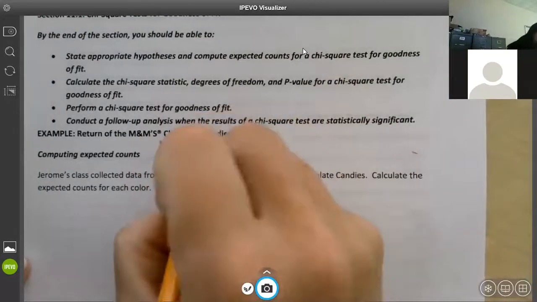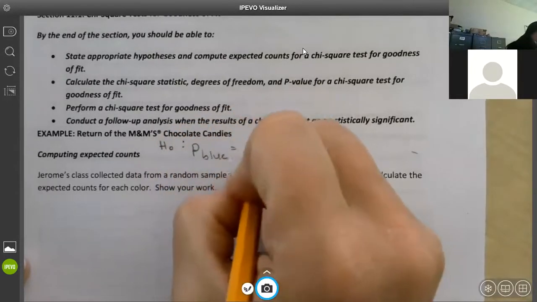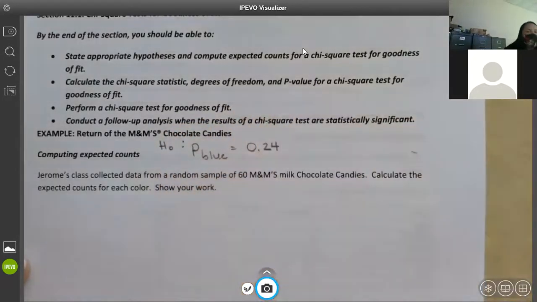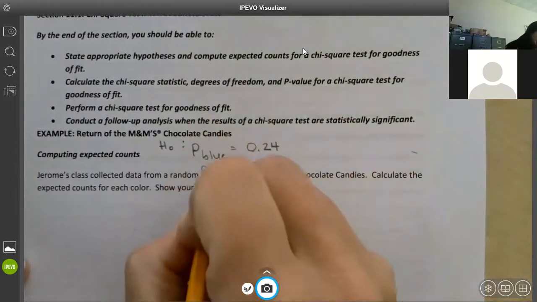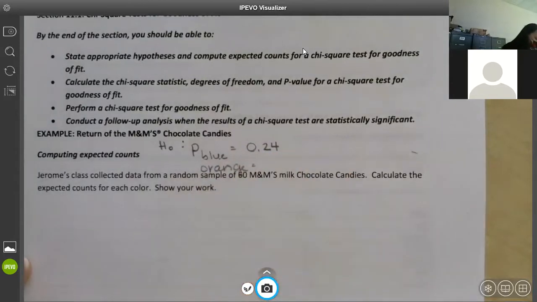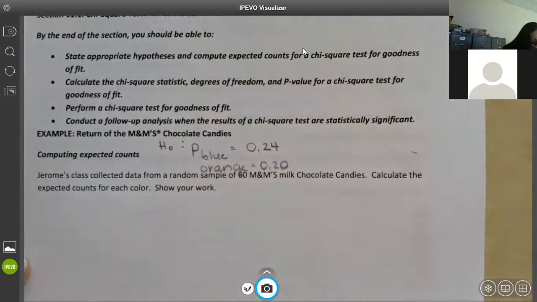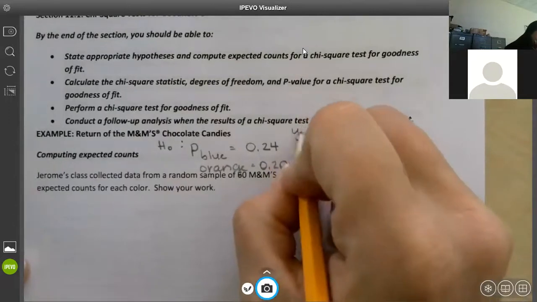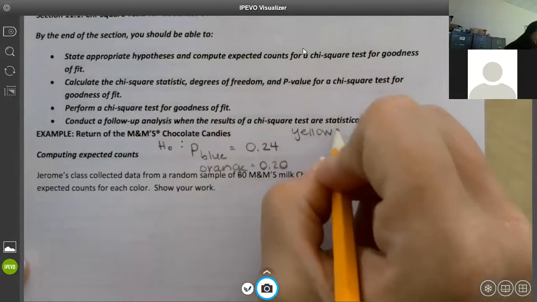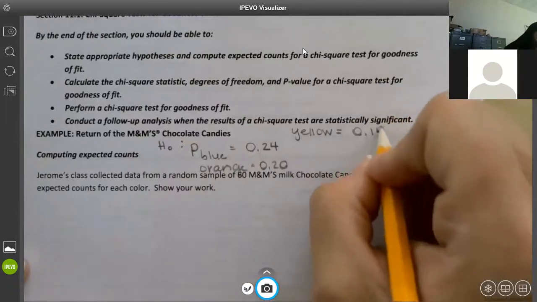The probability of getting blue was 0.24, and this is within the problem. I just didn't copy that whole problem down. Your probability of orange was 0.20. Yellow was 0.14.